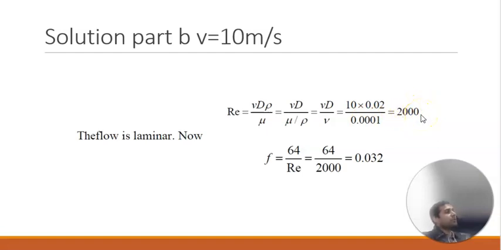Spot on 2000. So it means it is still laminar flow. More than 2000 is turbulent. Yeah, but that is less laminar than the other one. If I want to find the friction coefficient, 64 over 2000 is going to be 0.032. So the friction coefficient has reduced. The friction coefficient is just a value.